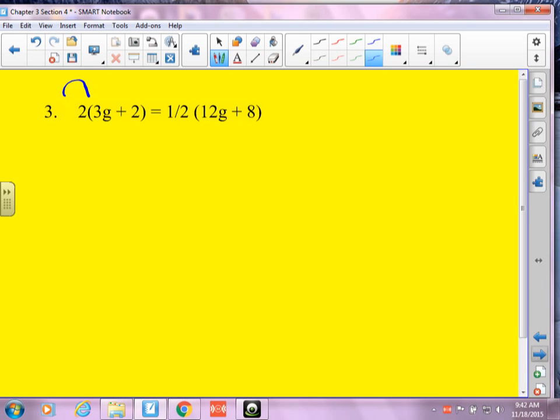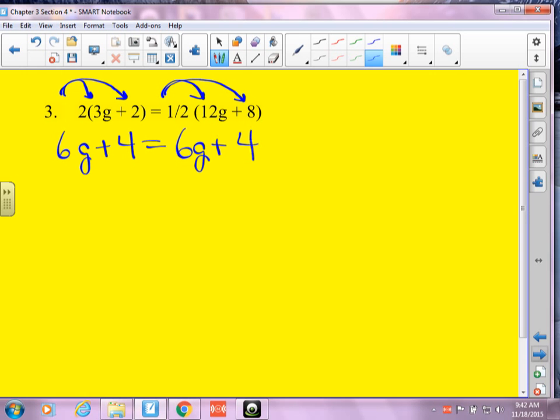So 2 times 3g is 6g plus 2 times 2 is 4. Now, 1/2 times 6, or 12g is 6g plus 1/2 times 8 is 4. Now, keep going. I know you can see it, but I don't want you to just leave it like this. I want you to work it through. What would I do next? Yes. Subtract 4.